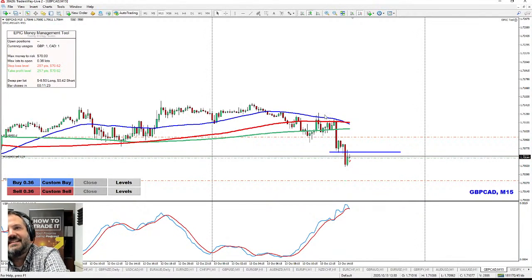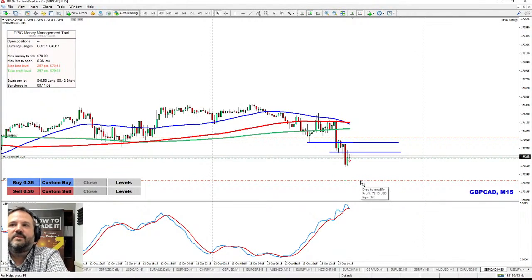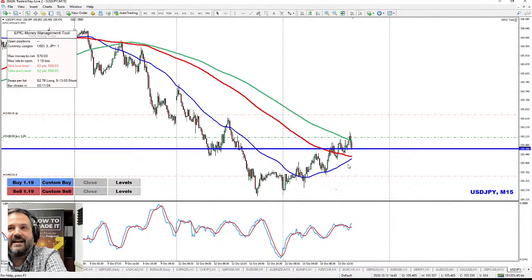You can see the last time it did this, because it just did it. Okay, you see that? It broke through, came back, and then dropped. So now I'm hoping for the same thing to happen. I'm hoping for it to come back up here, and drop. That's the whole premise of the current setup. And that's kind of what I'm hoping to happen on this one too.